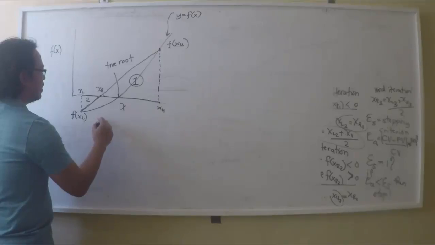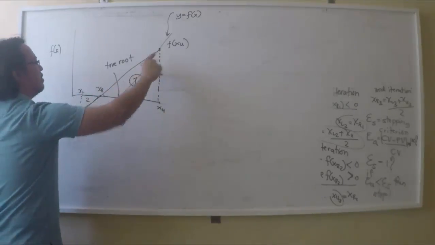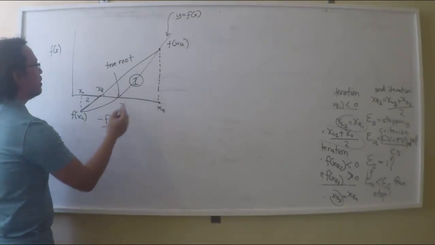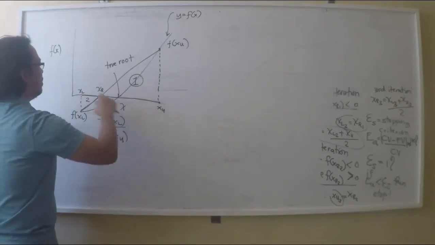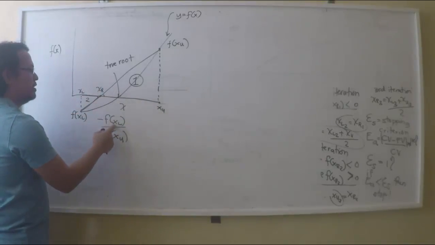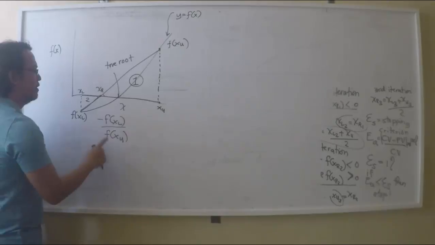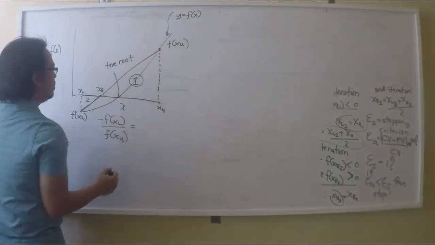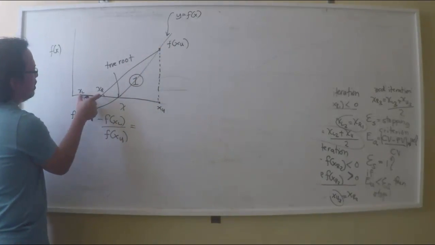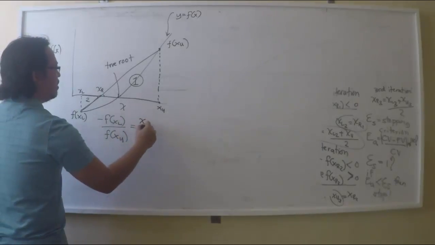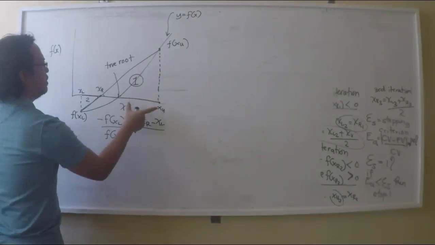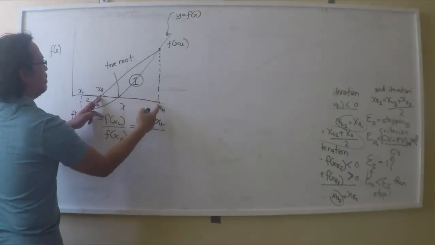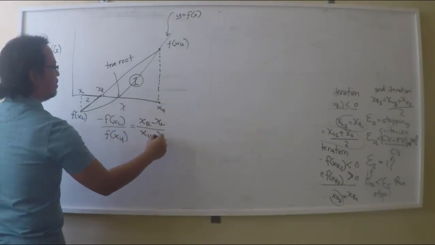So you write here negative f of xl, this length, over that length, f of xu, is equal to this length here, which is simply xr minus xl, over this side here, that's xu minus xr.